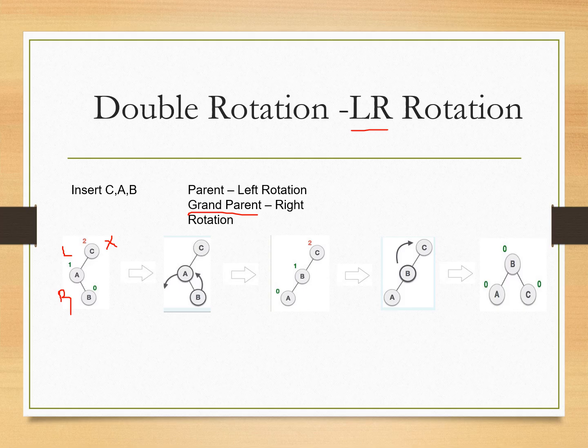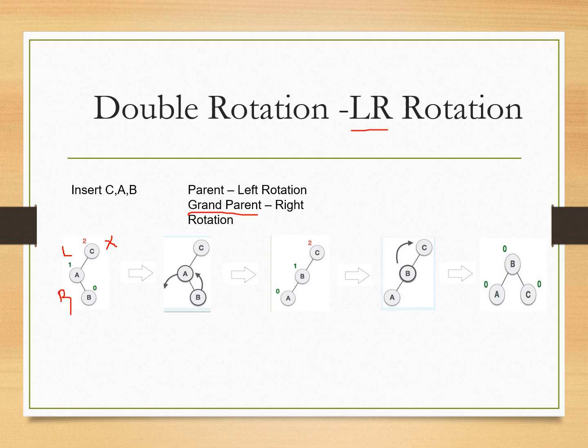So I repeat, in LR rotation, see this is how the insertion will be. LR. So parent should be rotated left and grandparent should be rotated right. Parent of B and grandparent of B. Because after inserting B only, the tree becomes imbalanced.